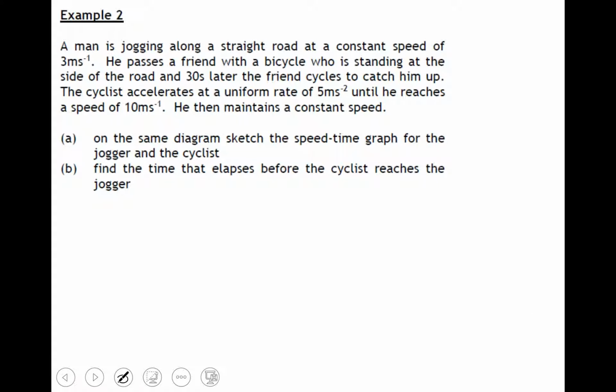In this example, a man is jogging along a straight road at a constant speed of 3 meters per second. So verbally we will need to draw a speed time graph. And then that is part A of the question. So the man is jogging at a constant speed of 3.